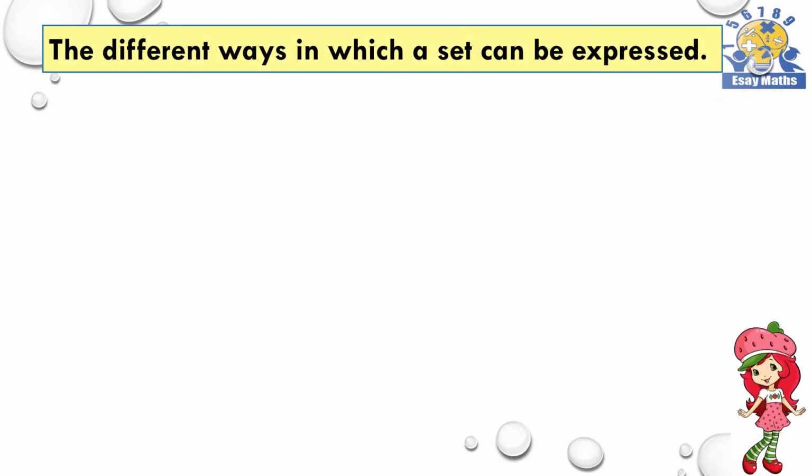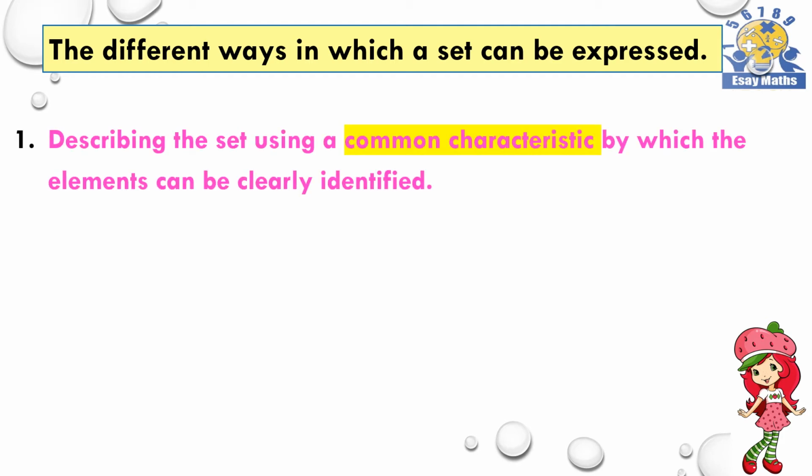Now we'll see the different ways in which a set can be expressed. First type, describing the set using a common characteristic by which the elements can be clearly identified. It means we can write the description about the set within a pair of curly brackets.